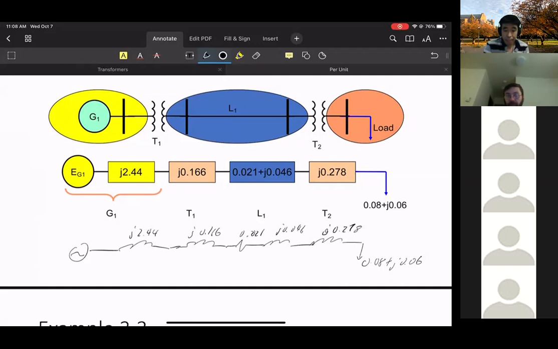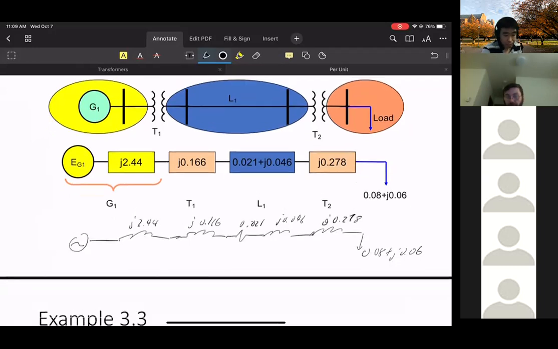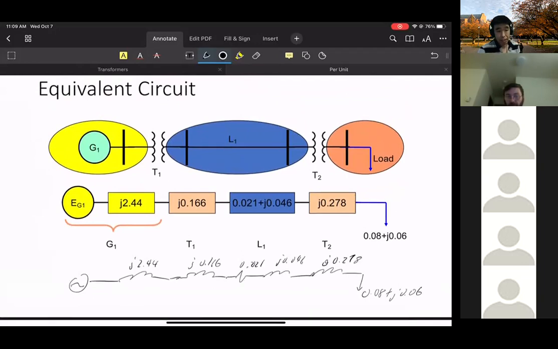Okay, so this circuit is now a very simple circuit. If we want to find the current, we can. It's very easy. If we want to find the equivalent impedance, we can. It's also very easy, right? So this has basically helped us convert a very complicated system to a much simpler system. Any questions with this chain of conversion?